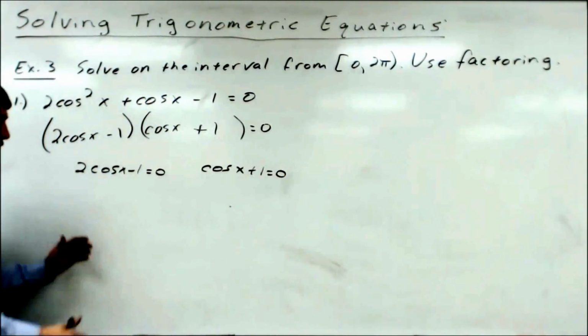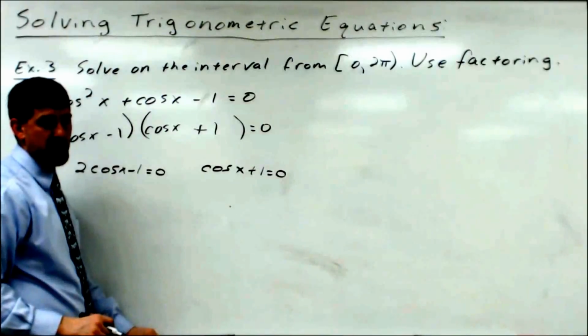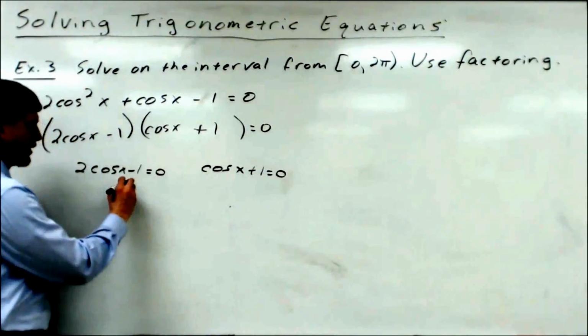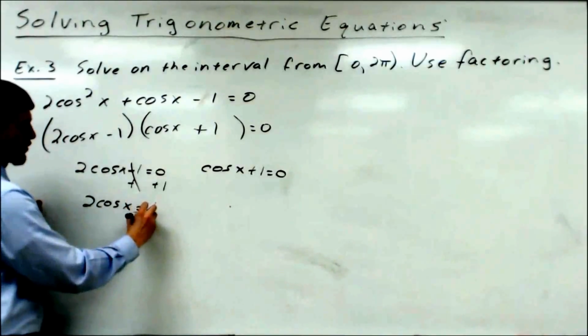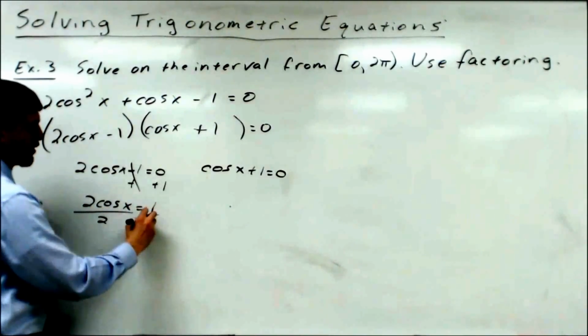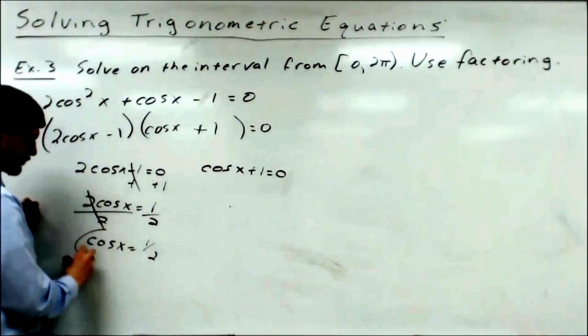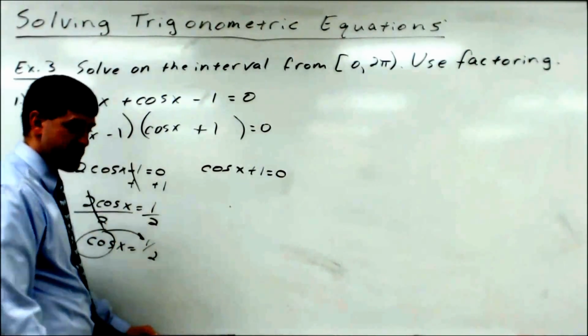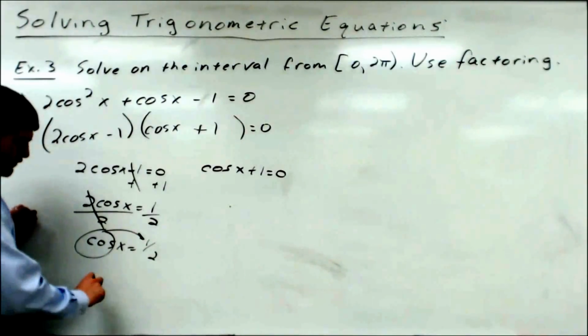Now we solve. I have 2 small equations here with a cosine x in each of them. We just solve them separately. For the first, 2 cosine of x equals 1, divide by 2. Cosine of x equals a half. Get your cosine to the other side, either by using the calculator or by setting up your triangle.